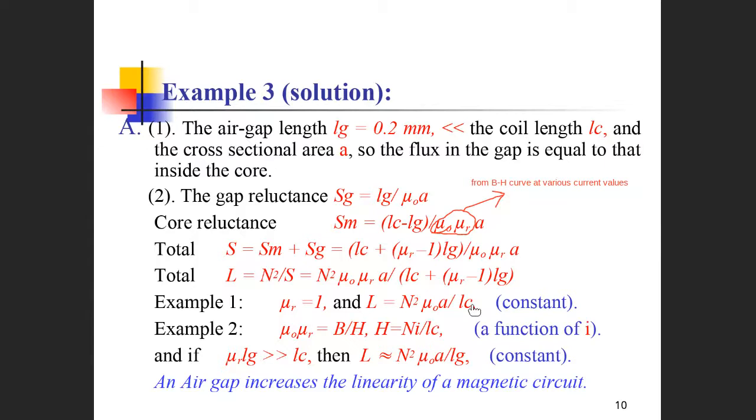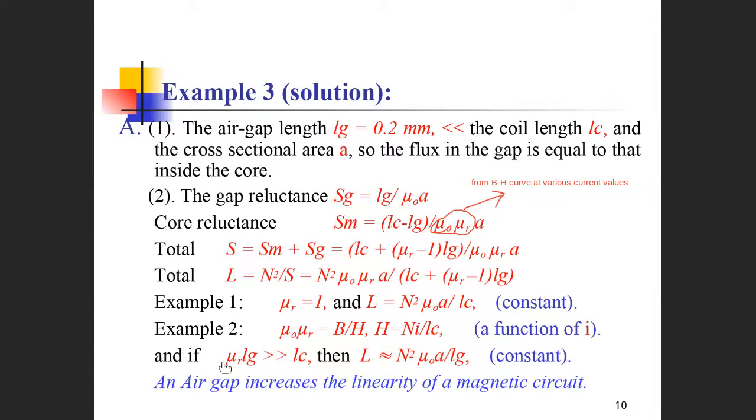For example 2, the permeability depends on B over H, and H can be estimated based on the given current, turn number, and the length of the coil. This will change. For example 2, because you have no air gap, this term is 0.